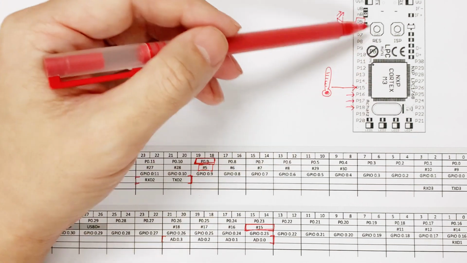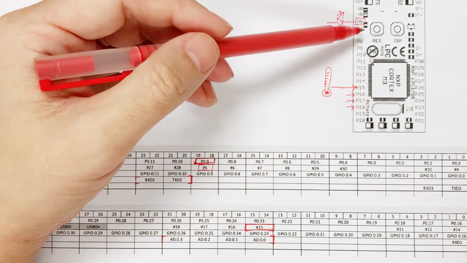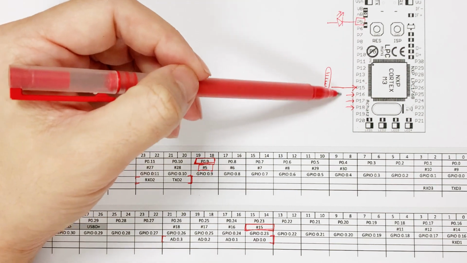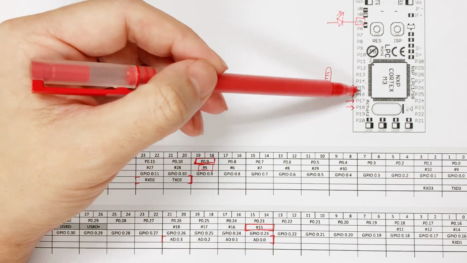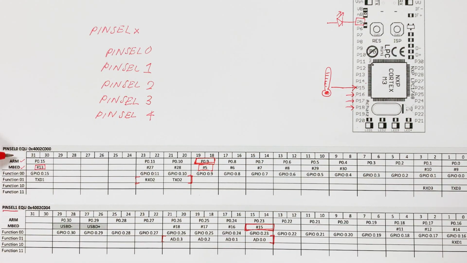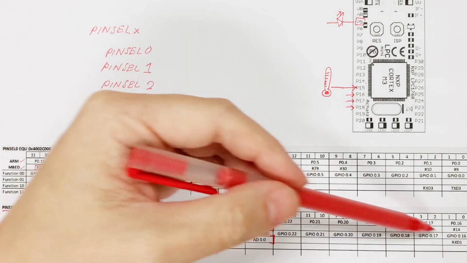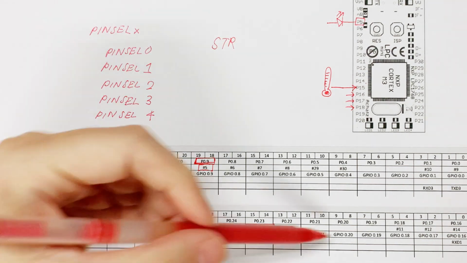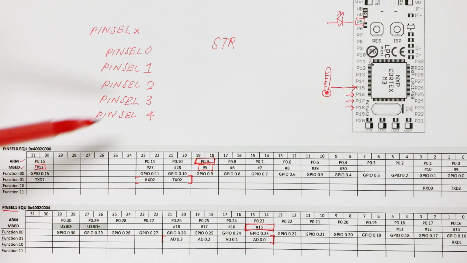Once you have figured out your circuitry, and you know which pins you would like to use as GPIO and which pins as ADC, you can populate the 32-bit value for pin select 0 or pin select 1, and use the store instruction to move the value you have figured out into the address of pin select 0 and pin select 1.